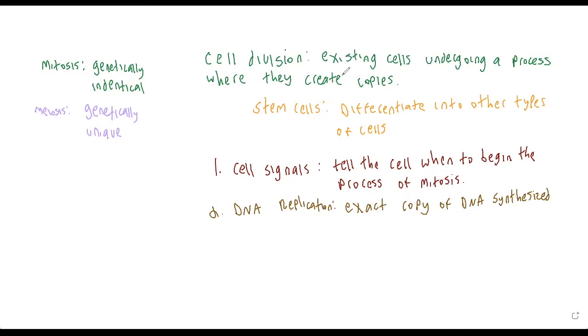You also need DNA segregation, and this is where chromosomes come in handy. We don't get into chromosomes too much in this course, but DNA segregation is when it condenses into chromosomes, which we'll talk about in a bit, and moves during mitosis.